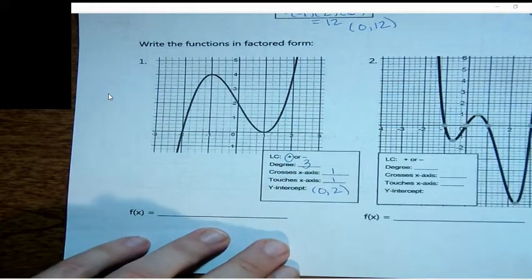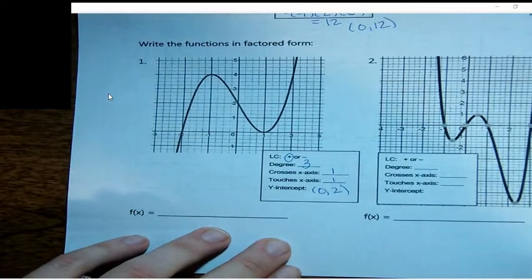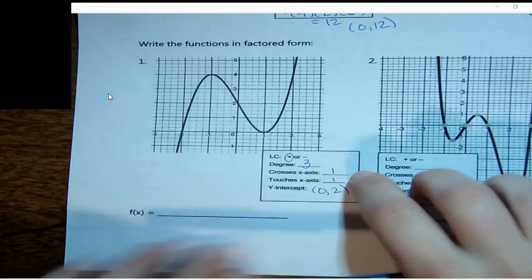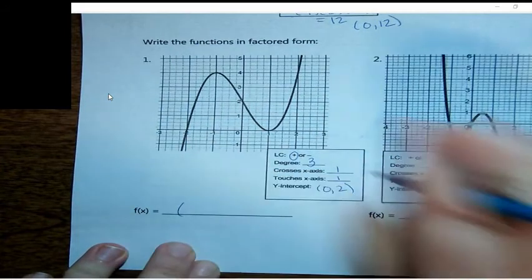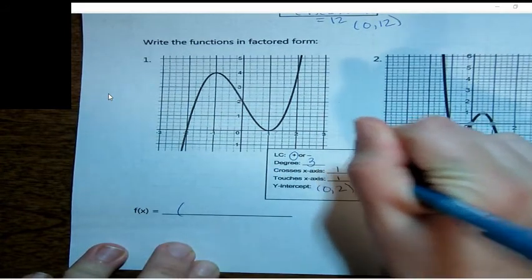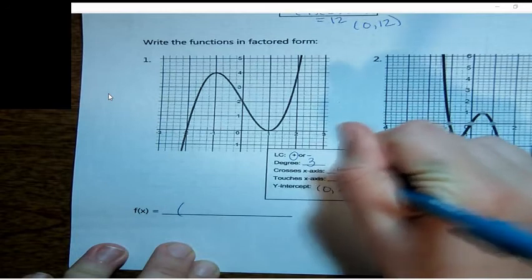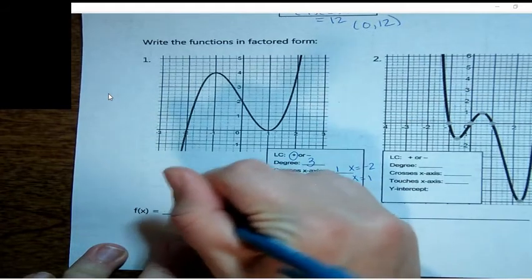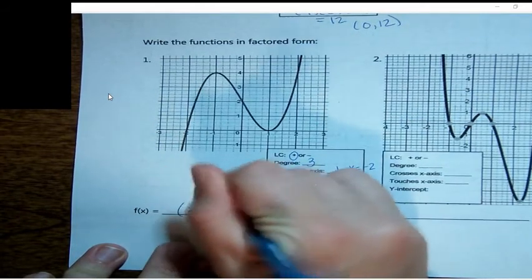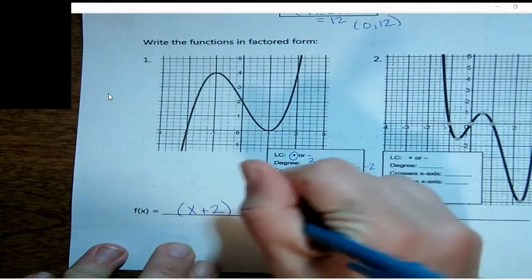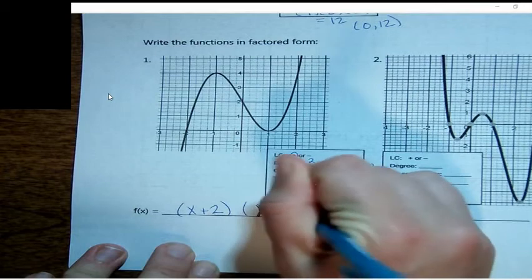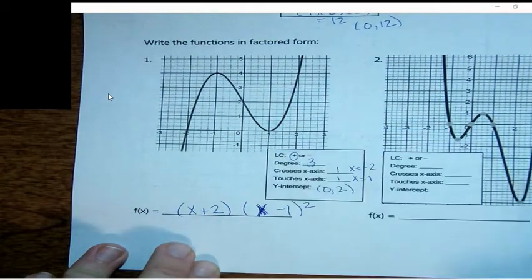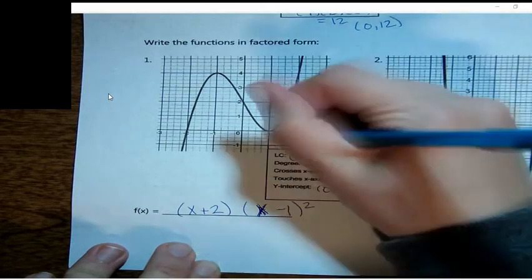Okay, so this tells me, based on the crossing and touching, that I have one, and this is at x equals -2, and this is at x equals 1, that I should have x plus 2 somewhere, and I need to have x, oh, that's not an x, minus 1, and this needs to be squared in order for this to occur.